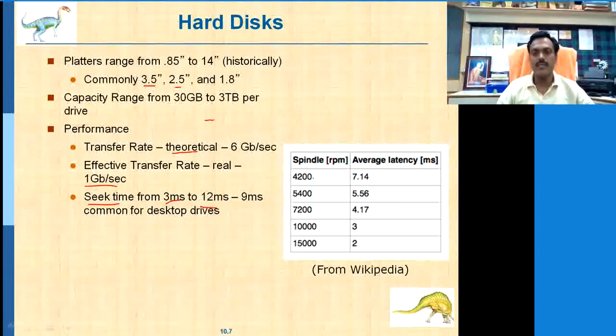If the spindle rotation per minute is, say, 4200, then the average latency time is 7. If you observe, if the RPM is very high, then the average latency time goes down. So the latency time is inversely proportional to the RPM.